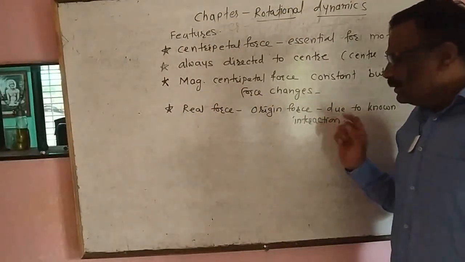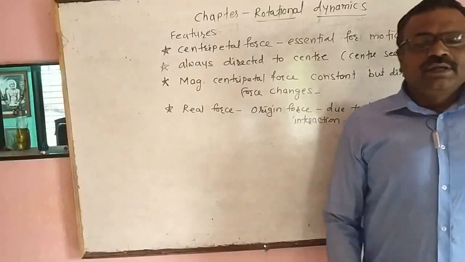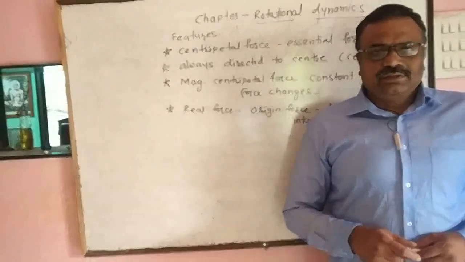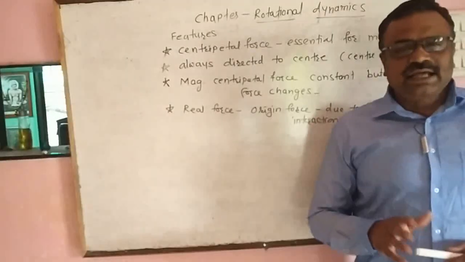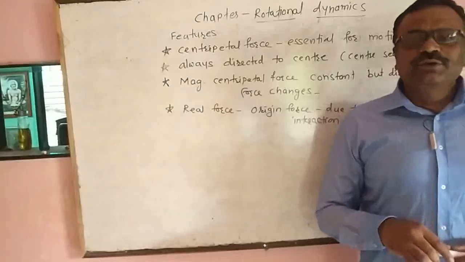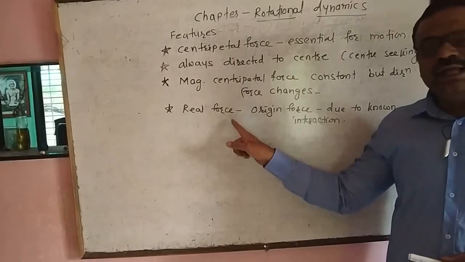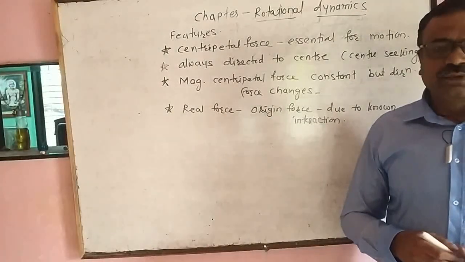What are known interactions? Gravitational interaction, electrostatic interaction, nuclear interaction, these are known interactions. When force is produced due to known interaction, then such force is known as real force.